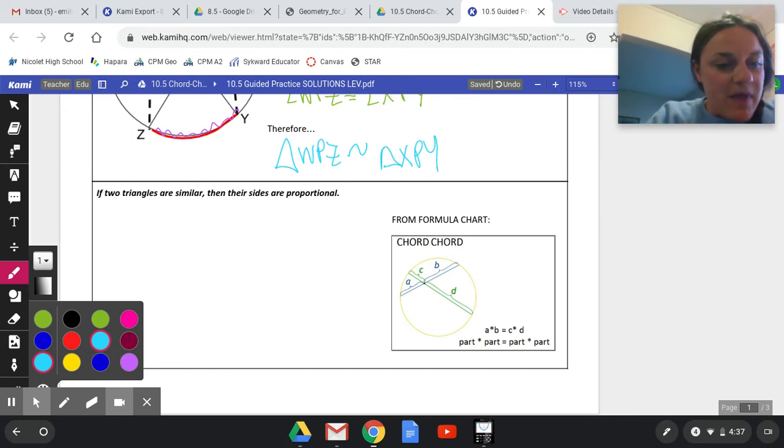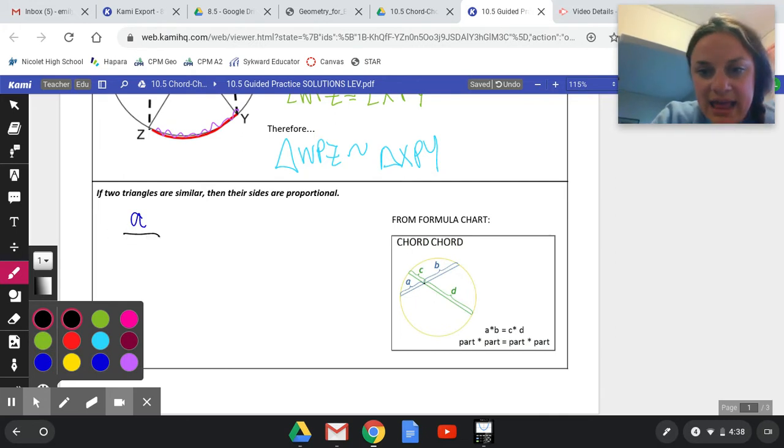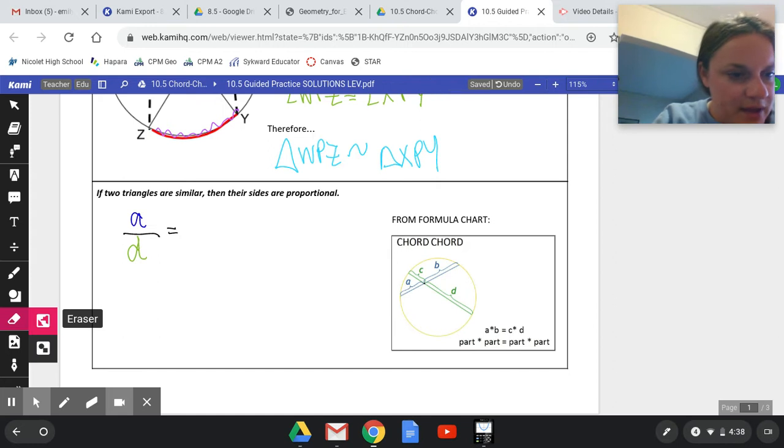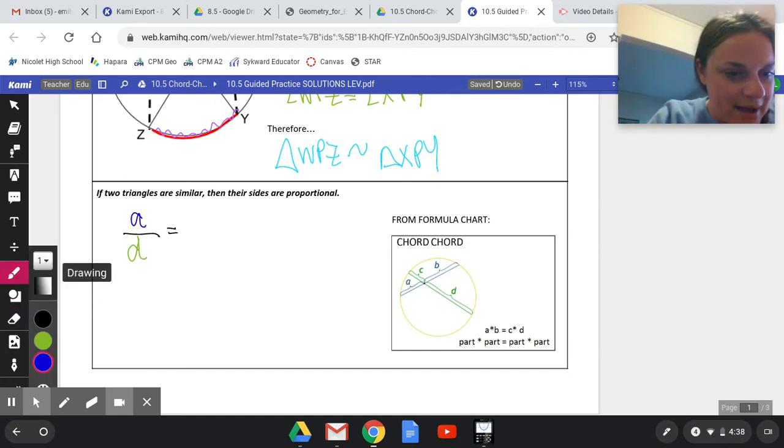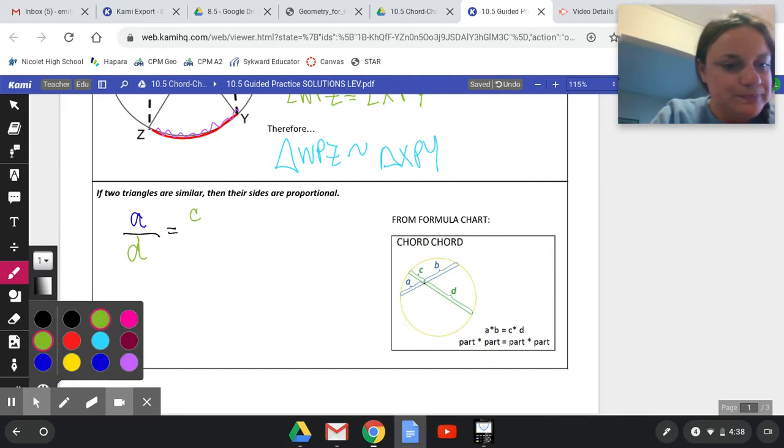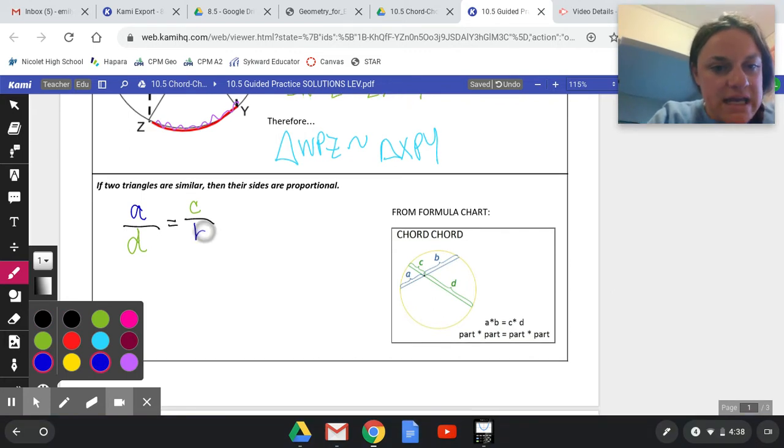In this diagram, side length A corresponds with side length D. So A over D would have to be equal to side length B corresponds with side length C. Actually, let me see here. A is from the small triangle, so I would put C on top. Dang, it's been a while since I've done this too. Okay, so it'd be C over B.